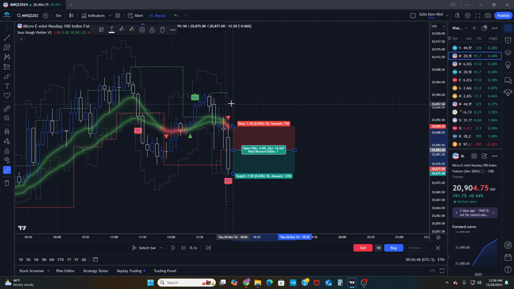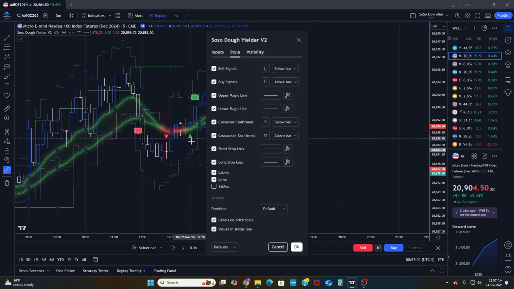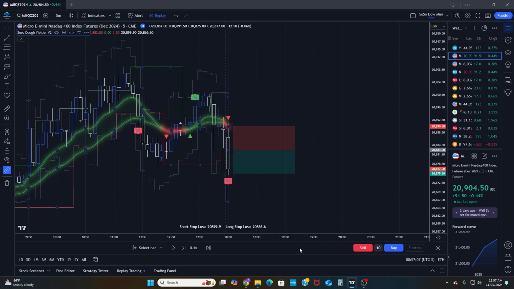Okay. Now for A trades, we're looking at the candle that broke the lower level and our stop loss line. Let me go up here and turn my tables on so that it actually shows.